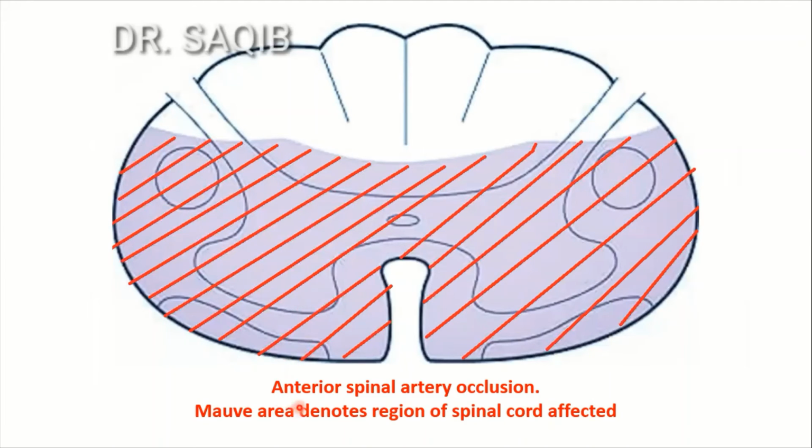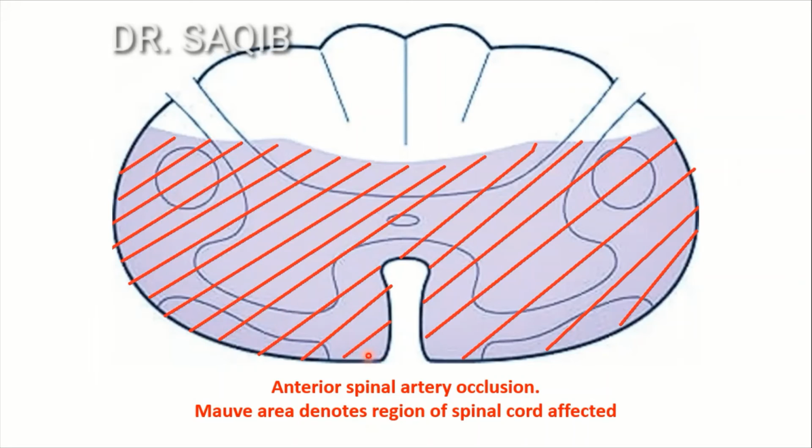Of course, I showed you the anterior spinal artery occlusion, right? This area with the shaded mauve color denotes the region of the spinal cord affected. So this is the area supplied by the anterior spinal artery. And here you see the tracts mentioned, right? Here would be the spinothalamic tract, and here are the corticospinal tracts, lateral and anterior.